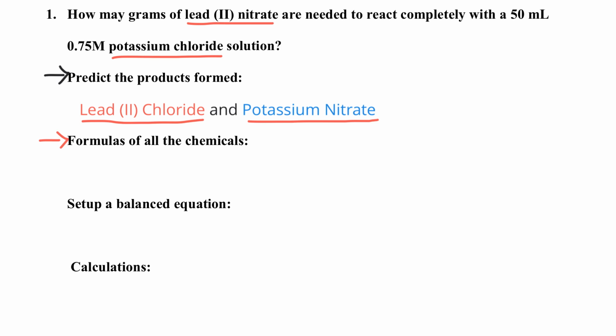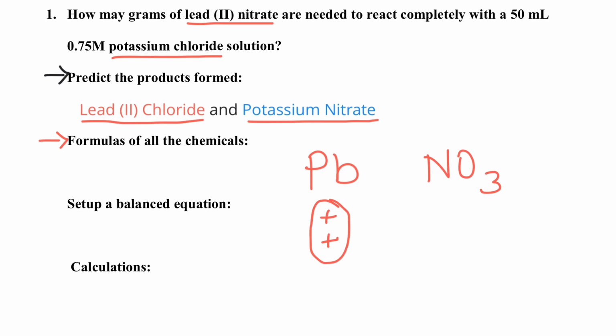So let's see. Lead(II) nitrate. We know lead is Pb, and then you see here's a Roman numeral 2. This Roman numeral 2 means that you have 2 positives, and nitrate is NO3, which from the list of your polyatomic ions you should know is 1 negative.